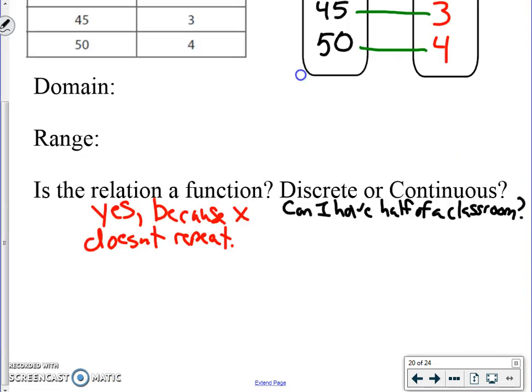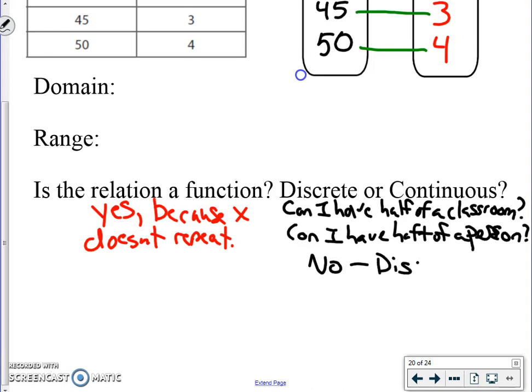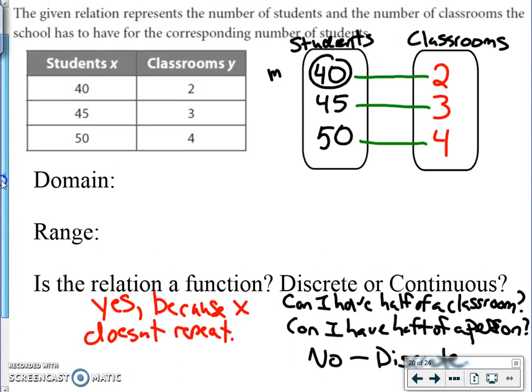Can I have half a person? And the answer is no, so it must be discrete, which means I'm going to write my domain and range a little bit differently. My domain, then, I'm going to write with brackets. I'm going to start with my minimum value, which is 40.